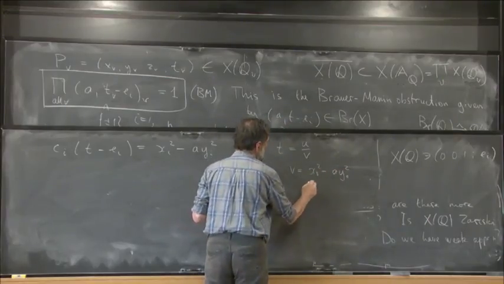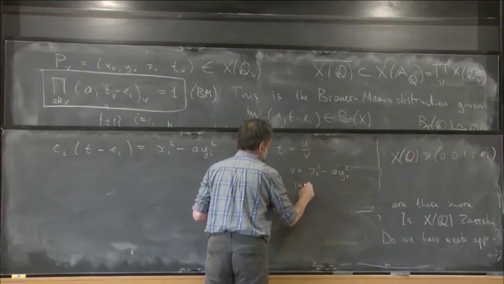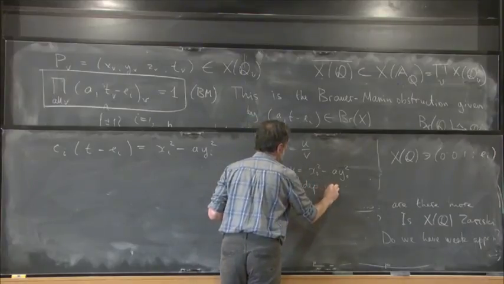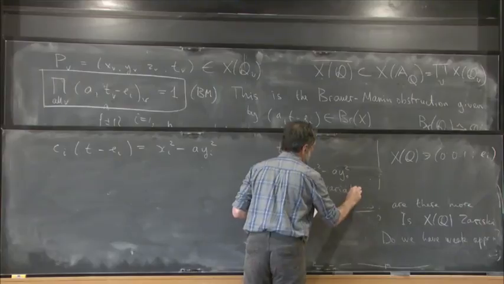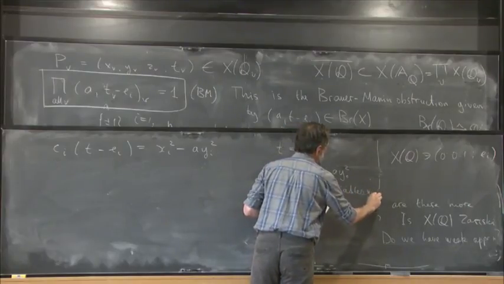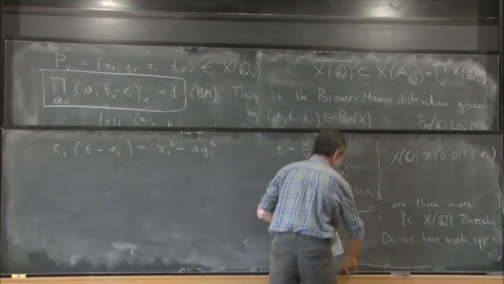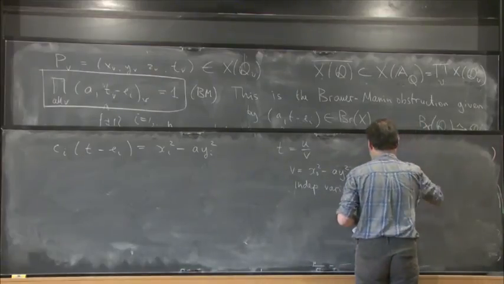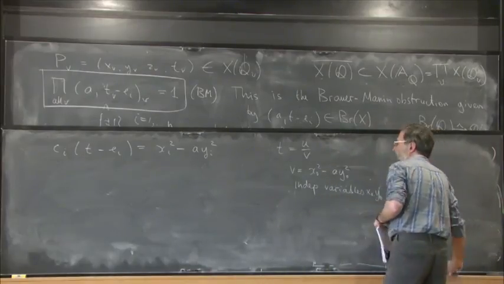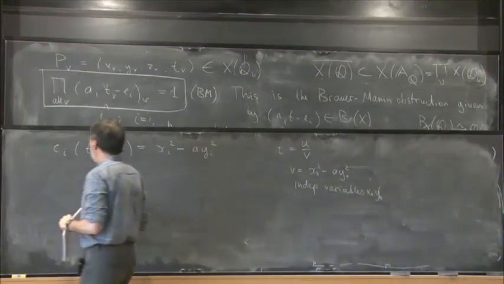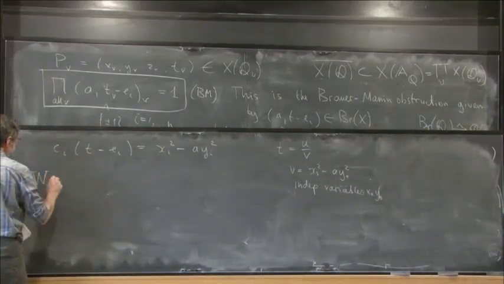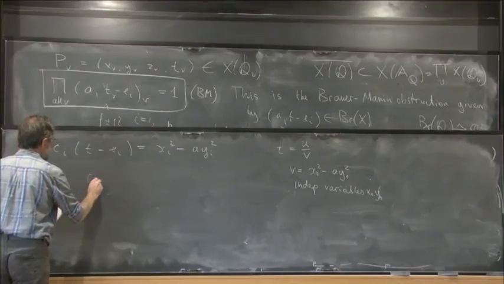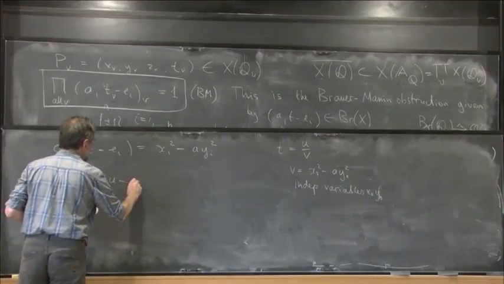So I'm introducing two more independent variables, x naught, y naught, and then let W be the variety given by these equations.